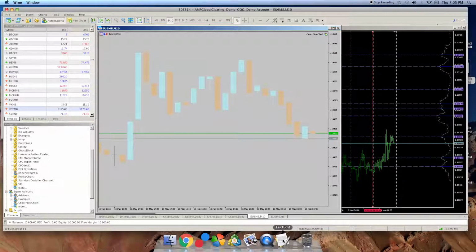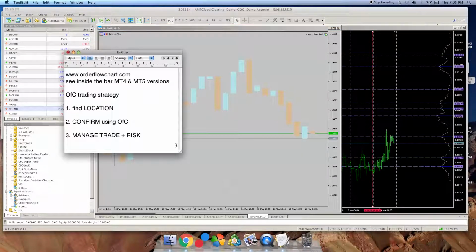Okay, so I have this one. So 3 different steps. Okay, 3 different steps. That's all. That is the OrderFlow Chart trading strategy, which I use every day.